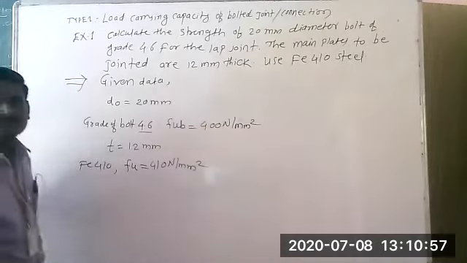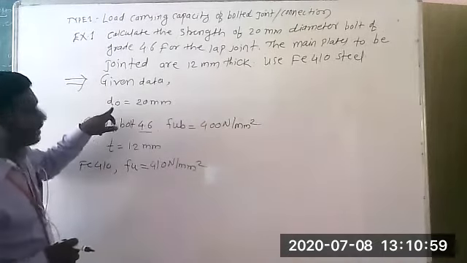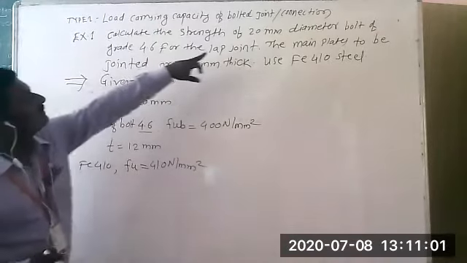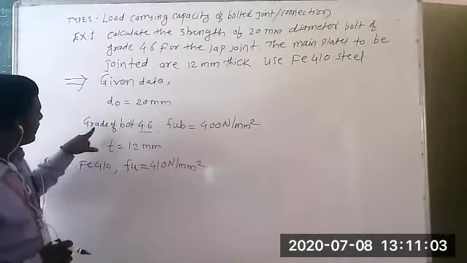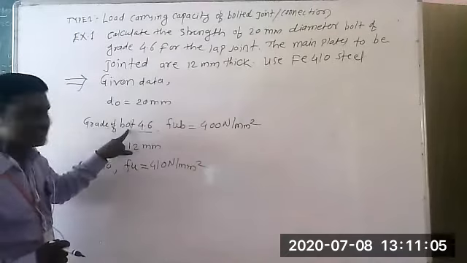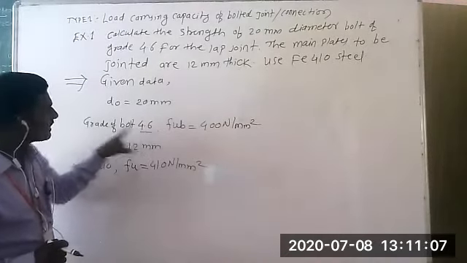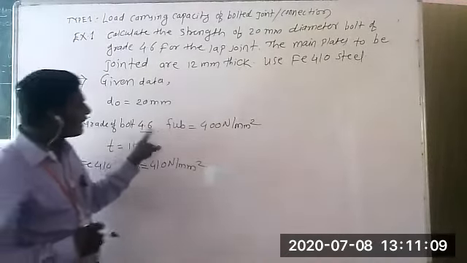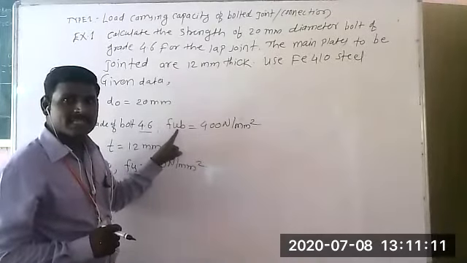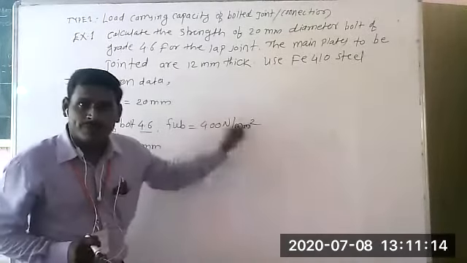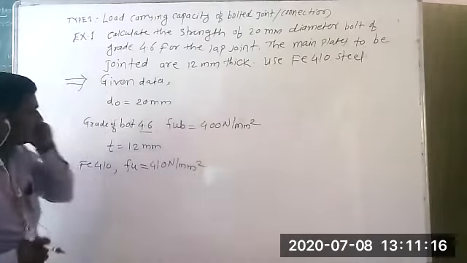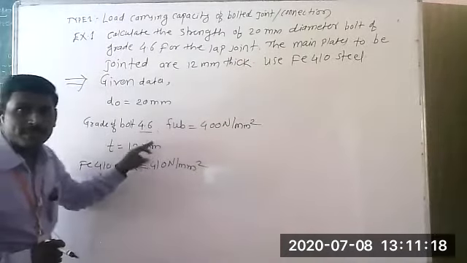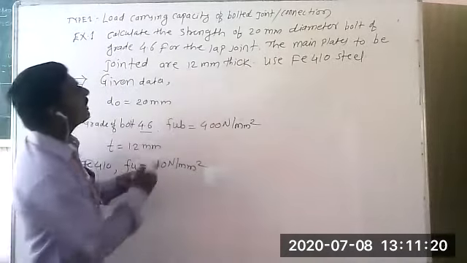Are you getting? D naught, the nominal diameter, is given as 20 mm. The 4.6 grade bolt is given, so the ultimate tensile strength of the bolt is 400 Newton per mm square. Then the thickness of main plates is given.